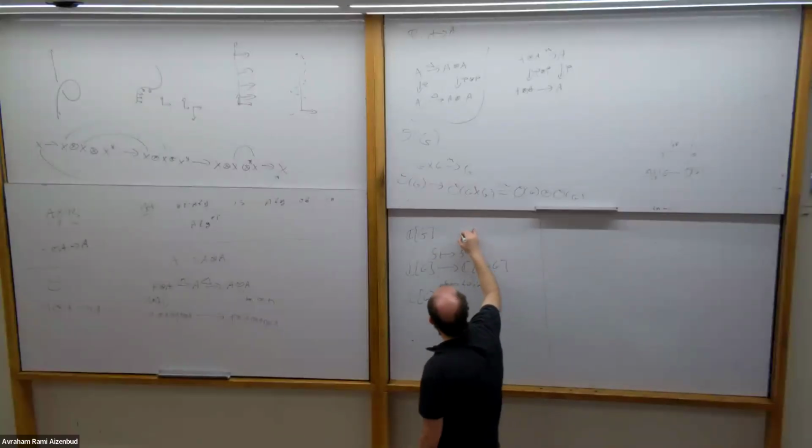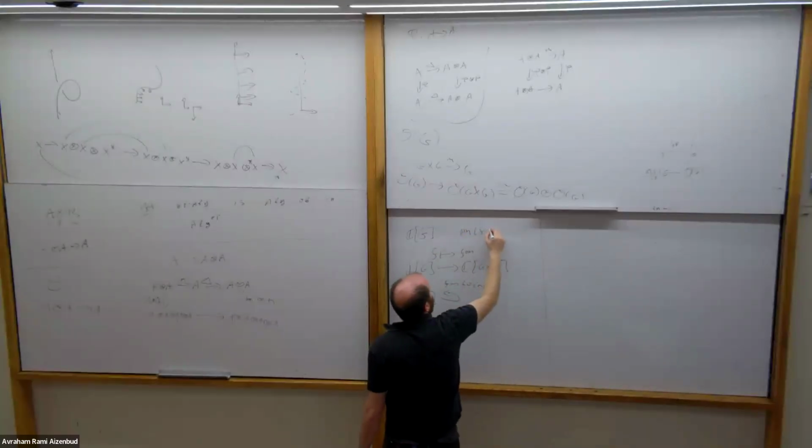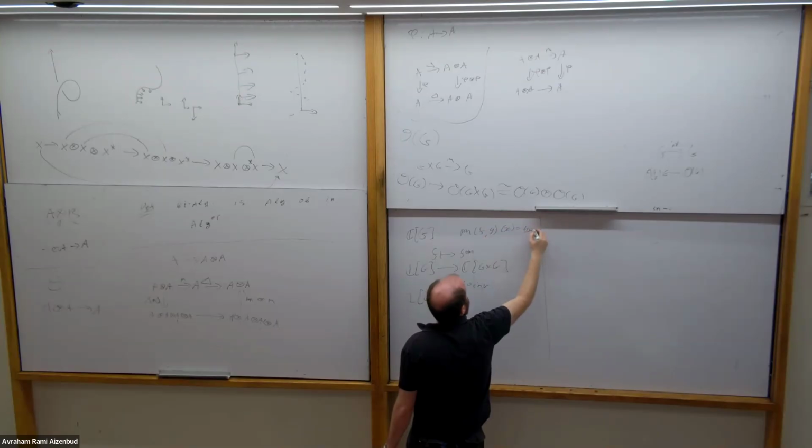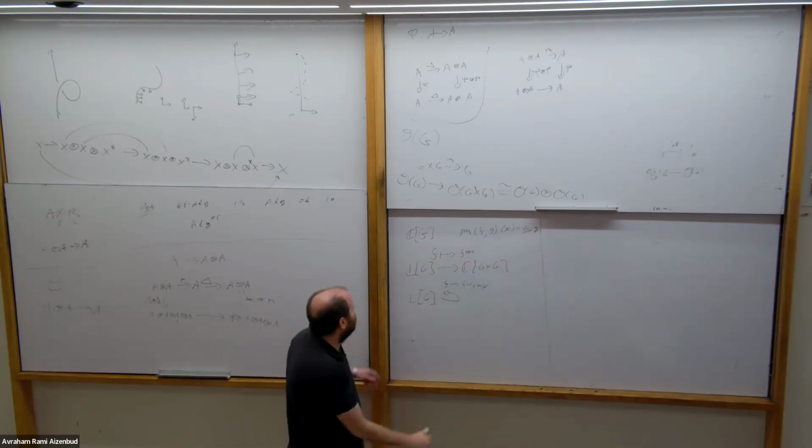Here multiplication is just: f times g of x is going to be f of x times g of x, and the co-product is followed by multiplication.